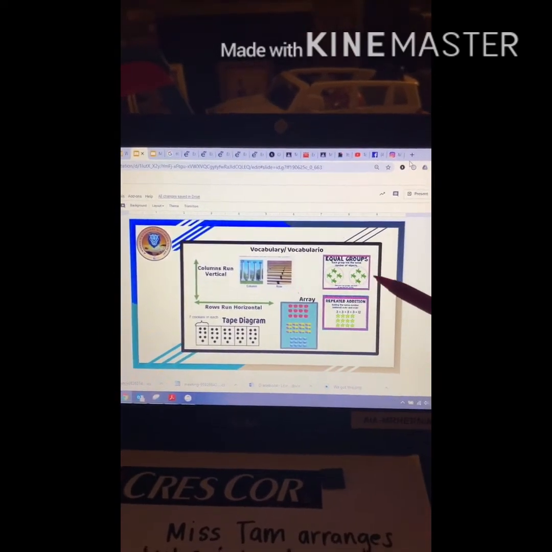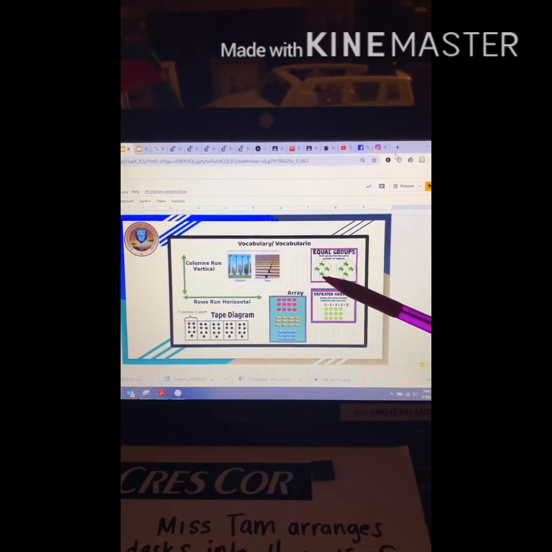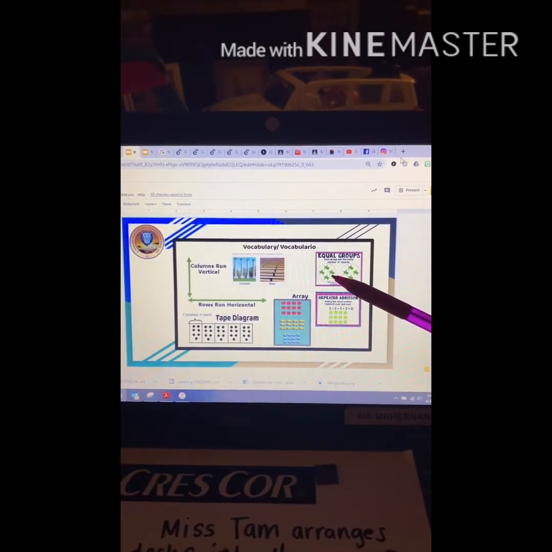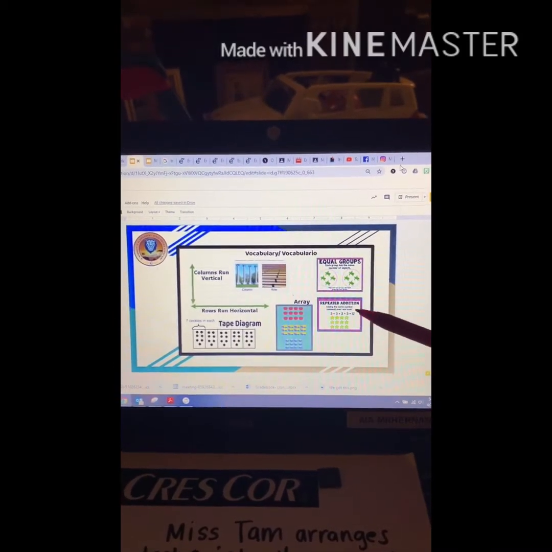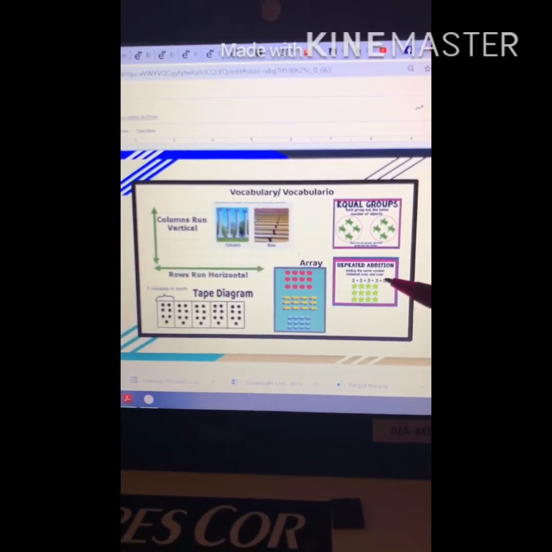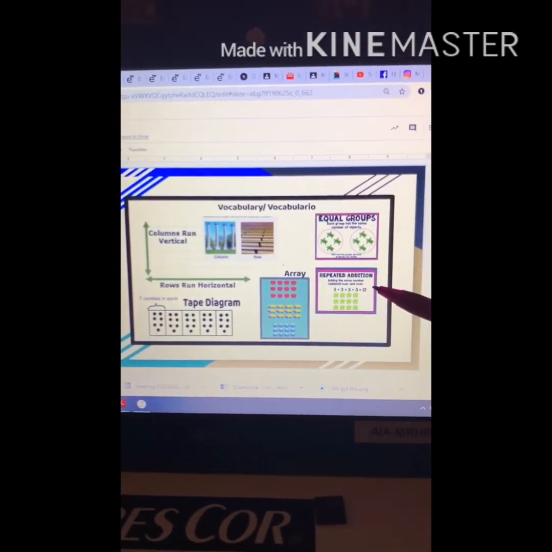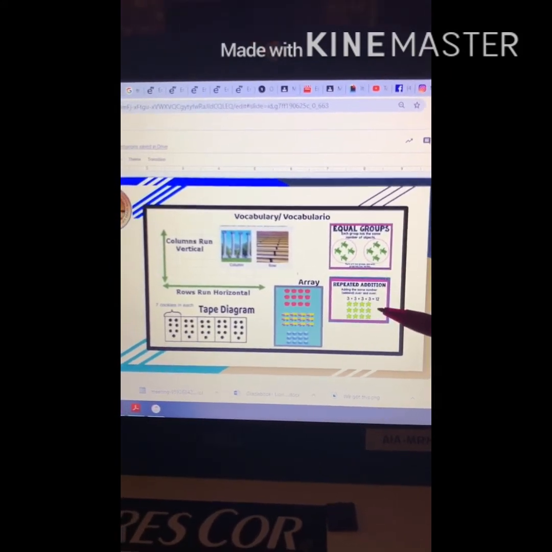Remember, our groups have to be equal. We have to have the same amount of objects in each group. So here we have how many in each one? Yep, we have 4 and 4. Next, we have repeated addition. Remember, repeated addition gives us the total amount of objects in our array.